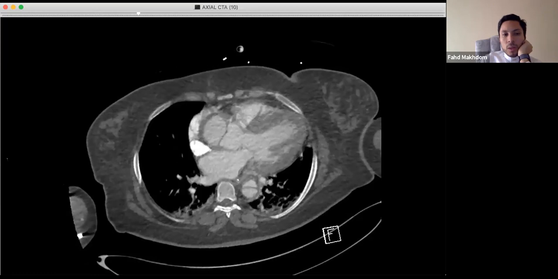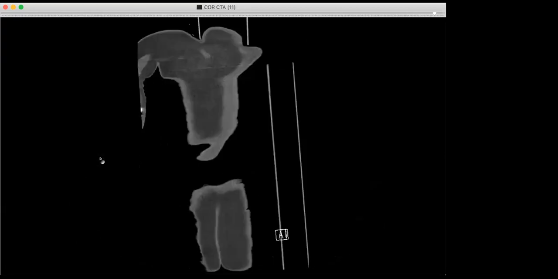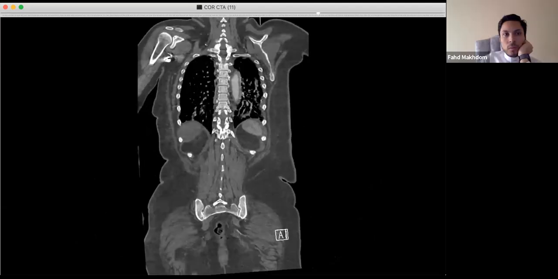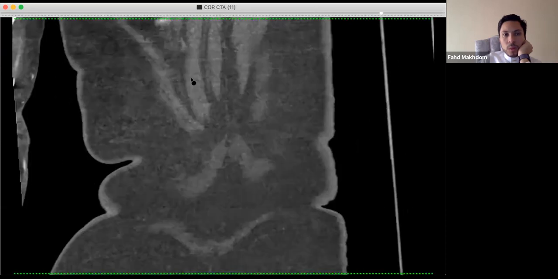You need what, axial, coronal? Coronal section. Sorry, zoom in for you.